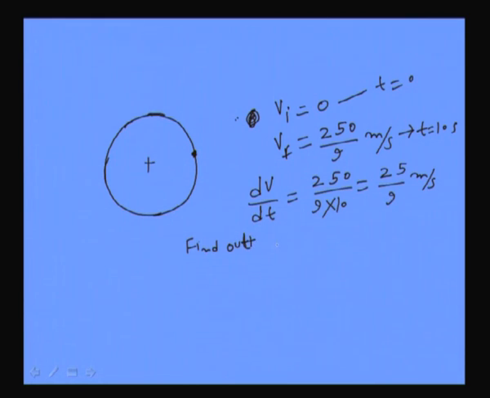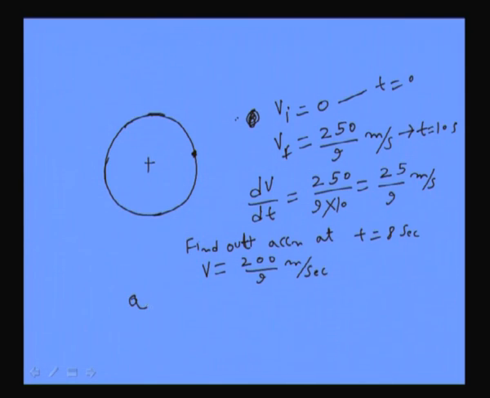Since the velocity is attaining the value of 250 by 9 in 10 seconds in a uniform manner, the velocity after 8 seconds will be equal to 25 into 8 by 9, that is 200 by 9. So V at that point will be 200 by 9 meter per second.